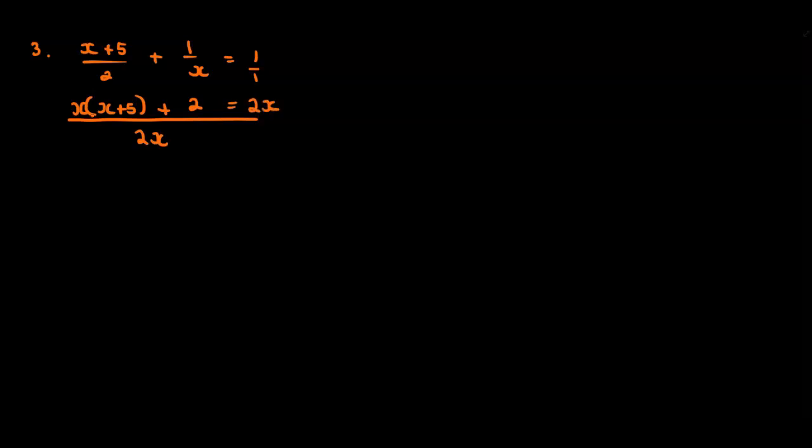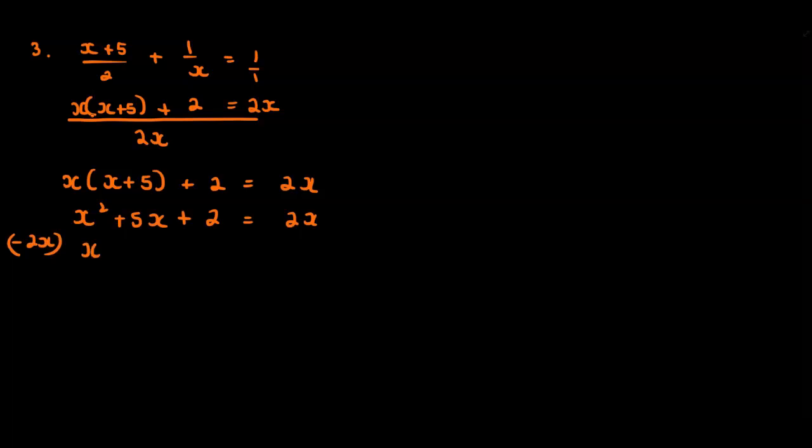So denominators being the same across, we can just equate the numerator. So you're going to get that x into x plus 5 plus 2 is equal to 2x. So that's x squared plus 5x plus 2 is equal to 2x. Bring the 2x across, we're going to subtract the 2x. This is x squared plus 5x plus 2 minus 2x is equal to 0.